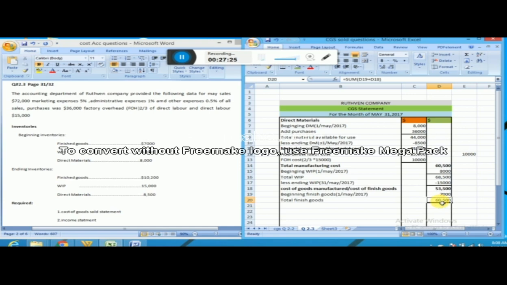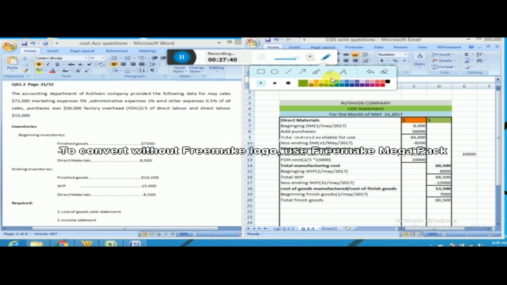So it means that in the month of May, the record shows that we have 60,500 finished goods. But today is the end of May. So when we checked the record, only 10,200 finished goods remain unsold, that will be sold in the month of June, the upcoming month.